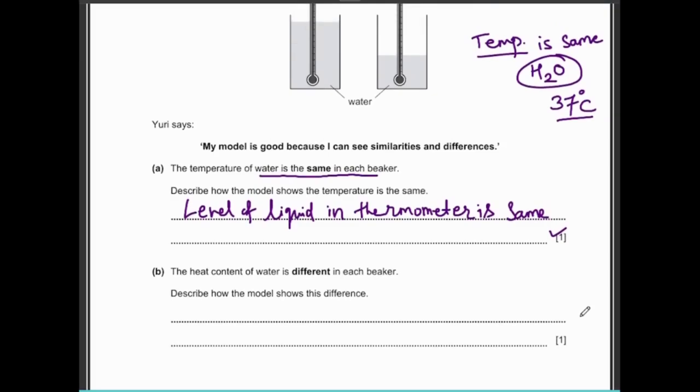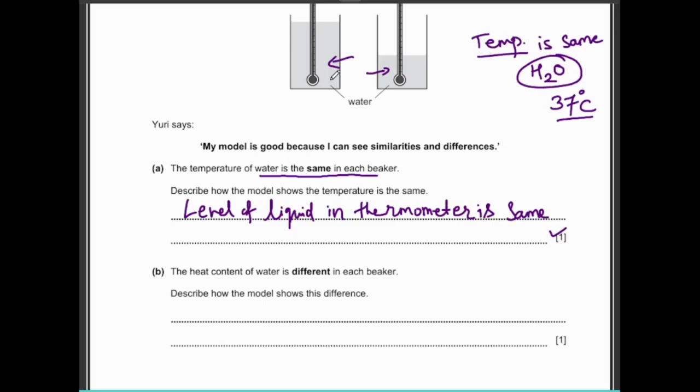If there is a heat content difference, that means if heat is different, evaporation will also be very rapid if the temperature is more. So you can see the volume of water is completely different on both of the sides, right?